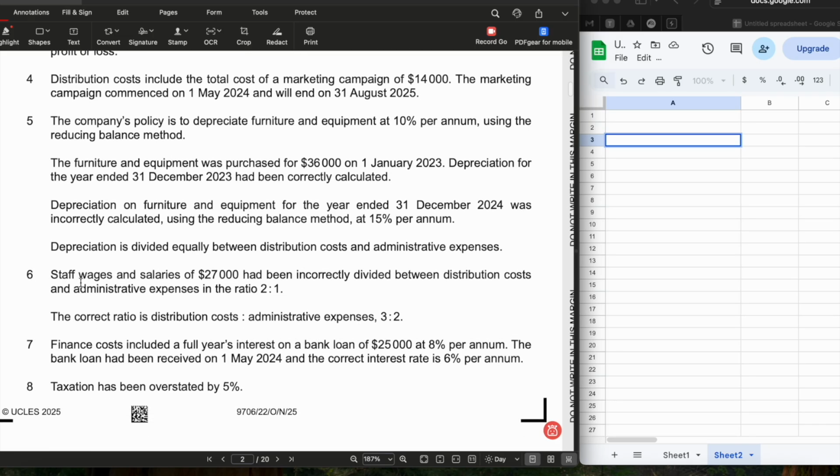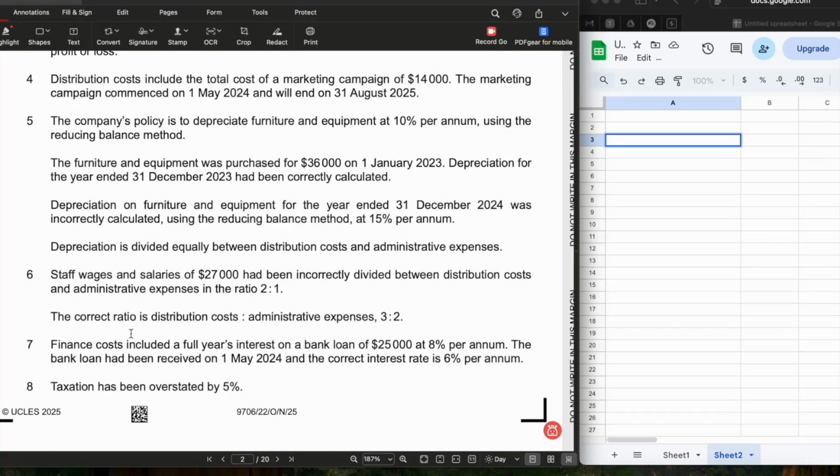Number 6, staff wages and salary of 27,000 had been incorrectly divided between distribution cost and administrative expenses in the ratio 2:1. So there is a cost of 27,000 for staff wages and salary, and it was distributed in the ratio 2:1.